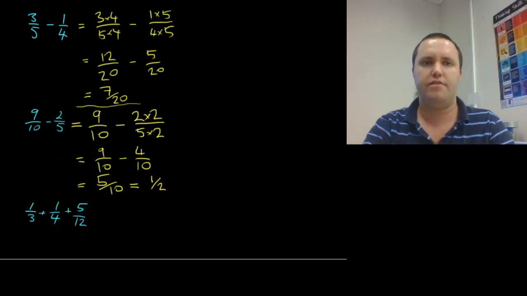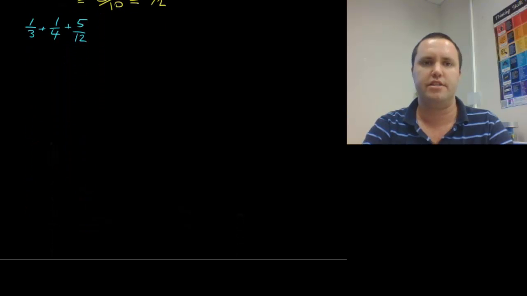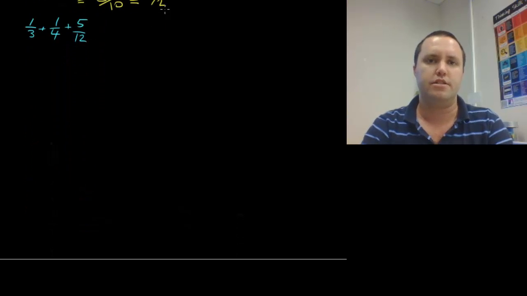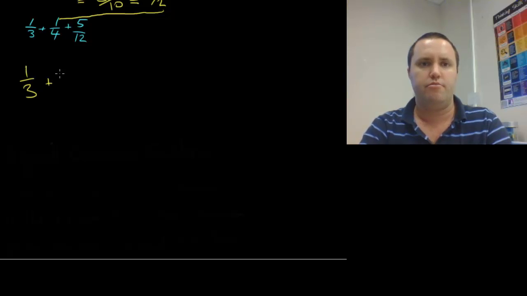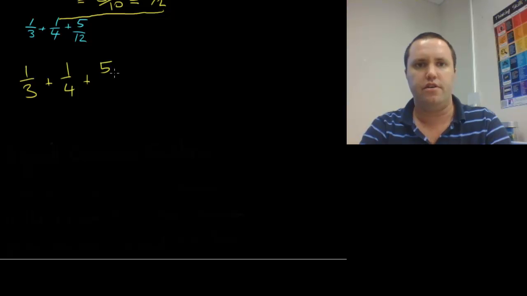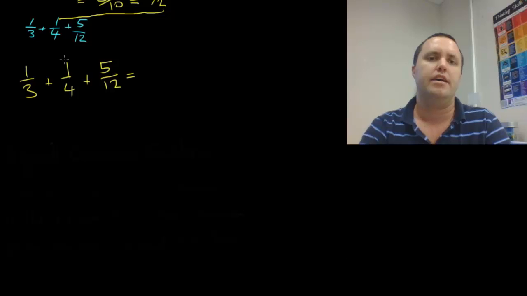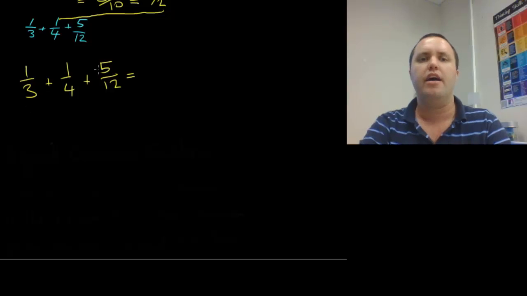What if you have a string of fractions like this one here? 1/3 plus 1/4 plus 5 over 12. You'll remember from adding numbers together that there's the commutative law and the associative law, so we can do this in any order. Essentially you just add two together, then add the third one in.